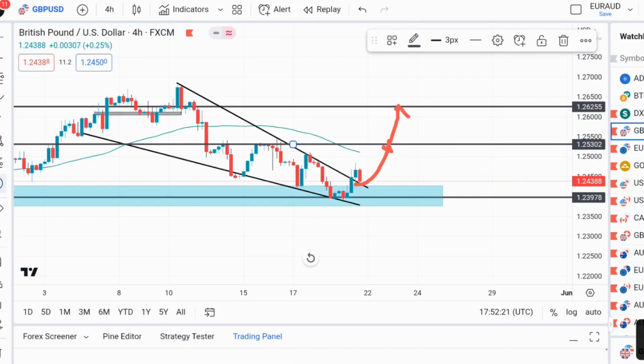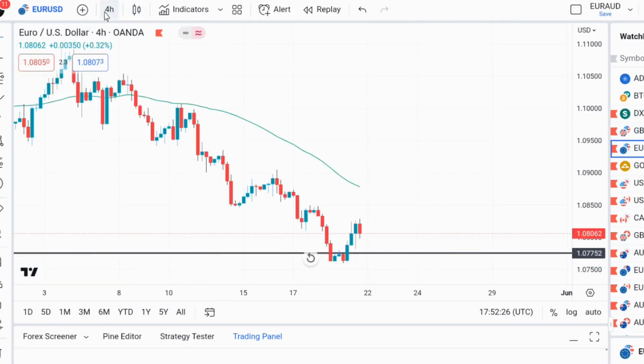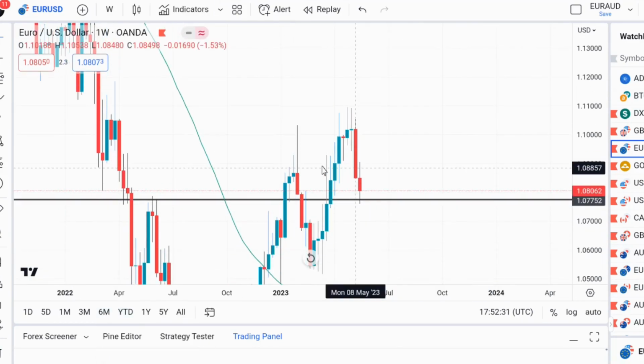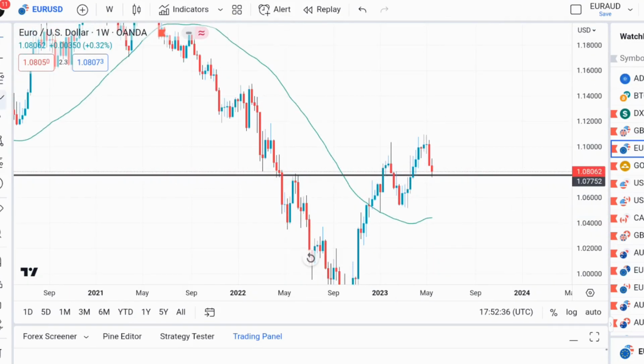So the next pair I want to check is the Euro US dollar. If you check the weekly time frame, you will see that it is almost the same thing as the GBP US dollar. So here there is this resistance, and then there is a breakout at this particular area, then a break back to this area, then we have a breakout too, then this area will form a, let's say, not so large momentum candlestick.